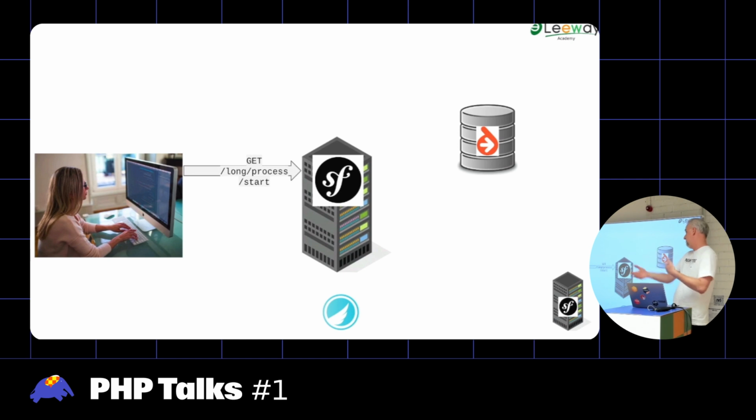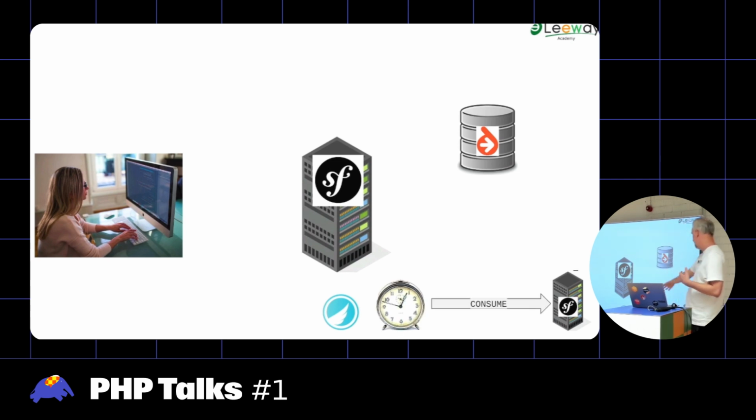And then at some later time, they will start this long process, like, hey, upload this file for me. Like, upload this very big file and let me know once it's done, because I want to go about my business while you process that. Then the Symfony component will insert a new message in the message queue, and return some JSON back to the client, saying your process has been started.